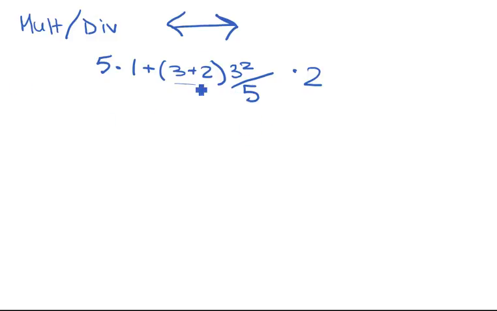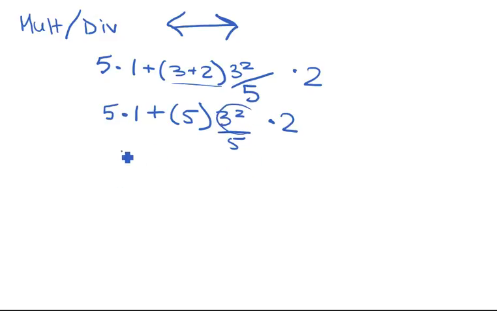So first we have to do our parentheses. 5 times 1 plus 5, and then 3 squared divided by 5 times 2. Next we do our exponent. 5 times 1 plus 5 times 9 divided by 5 times 2.